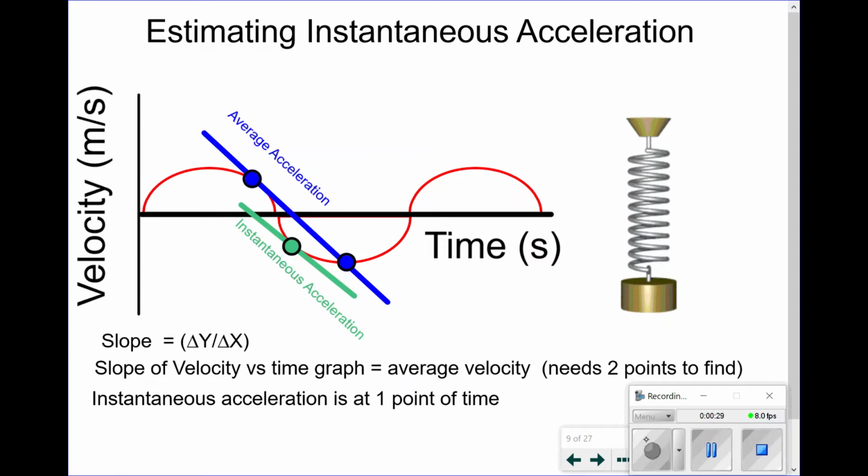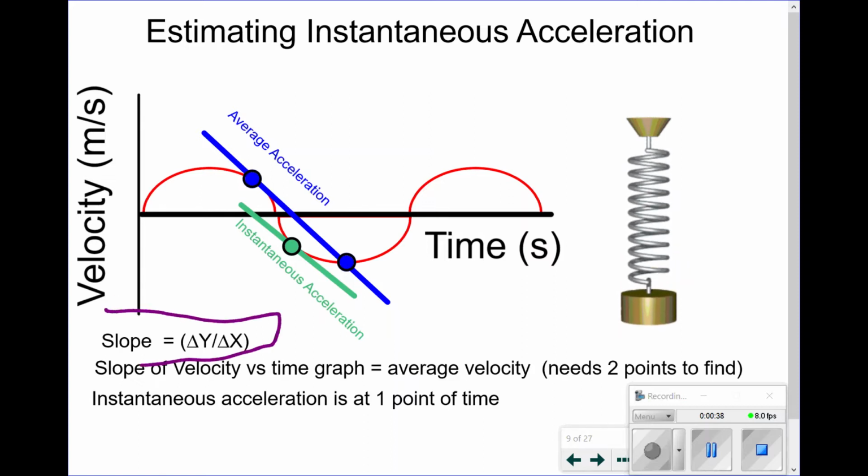But slopes actually come in two flavors. The first flavor is the average slope, and that's the one that we often work with where we have a change in y over a change in x. That's why we call the acceleration that we find by using the slope this way the average acceleration.